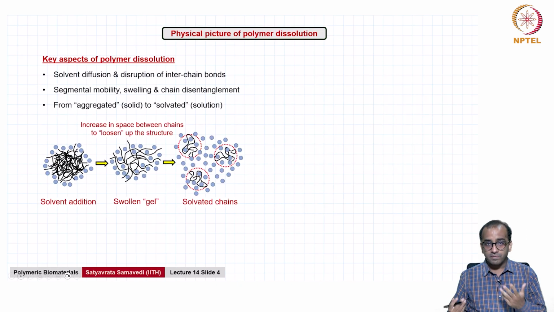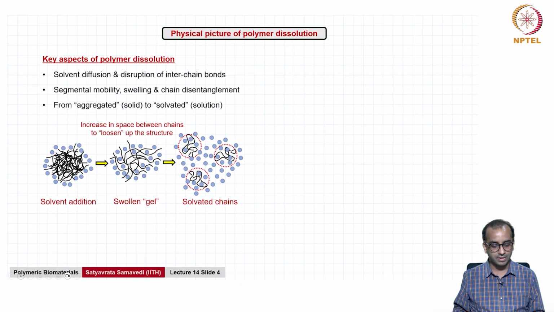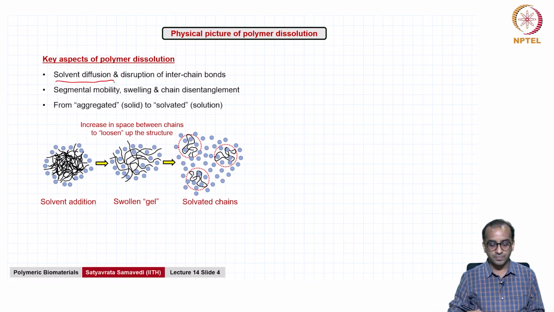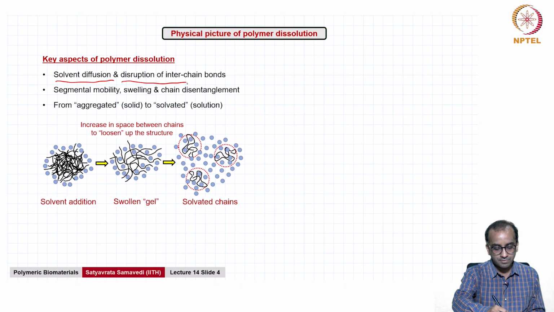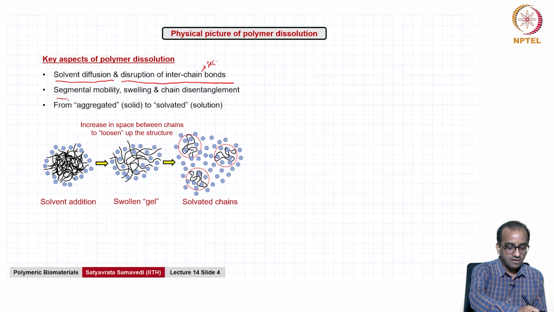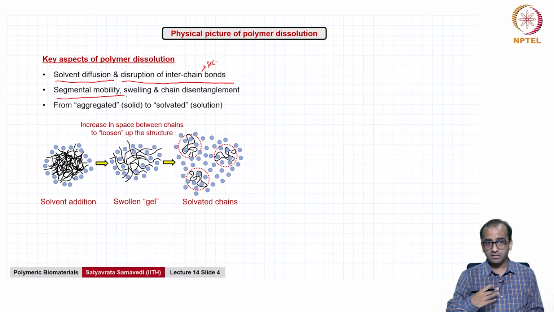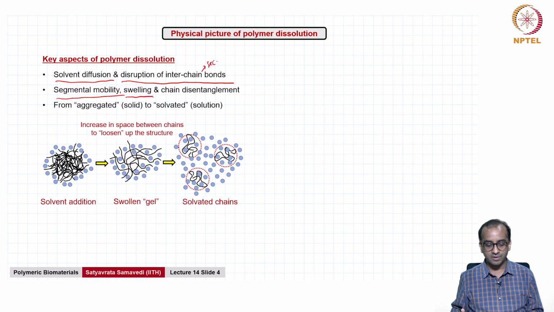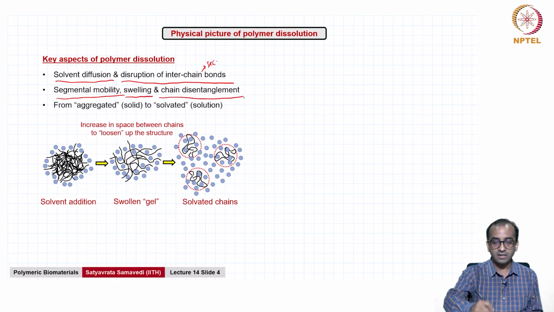So, let us as always consider a physical picture of polymer dissolution. Some key aspects involve solvent diffusion, disruption of interchain secondary bonds, you have segmental mobility that increases as the solvent penetrates, you have swelling of the polymer, and you have chain disentanglement.